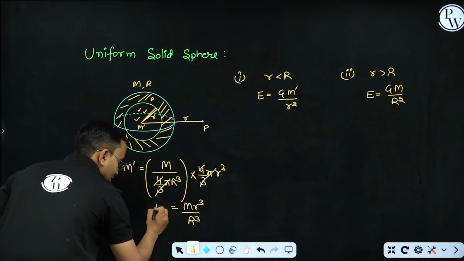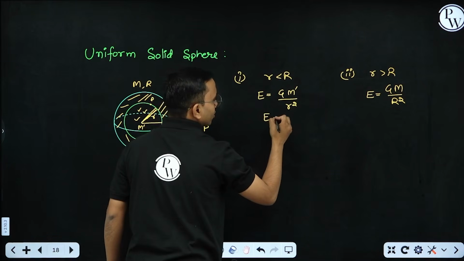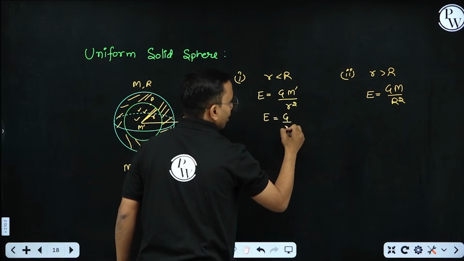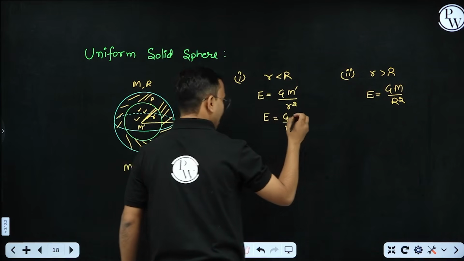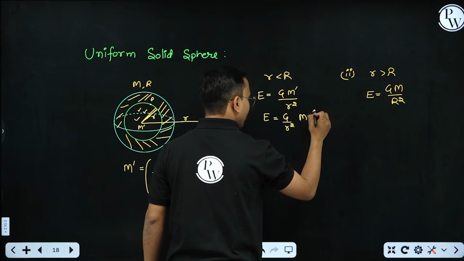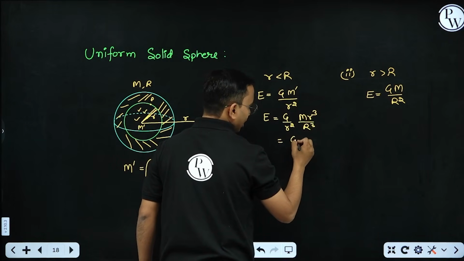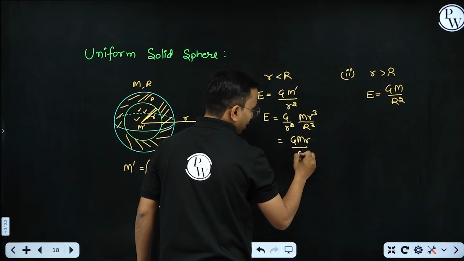Put it there. So E is equal to G by r square into M r cube divided by capital R cube. So this becomes GMr by R cube.